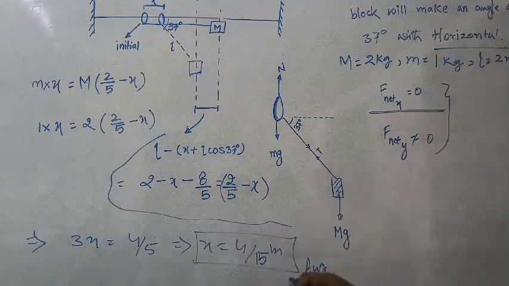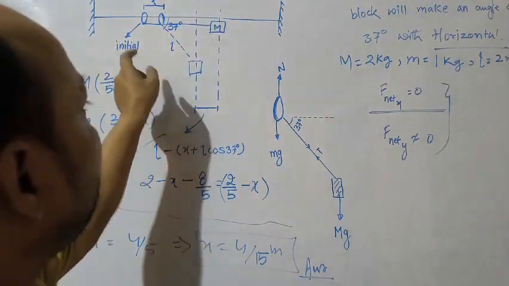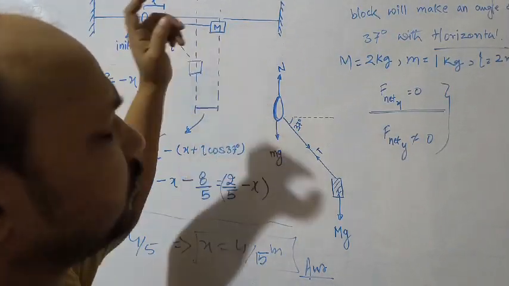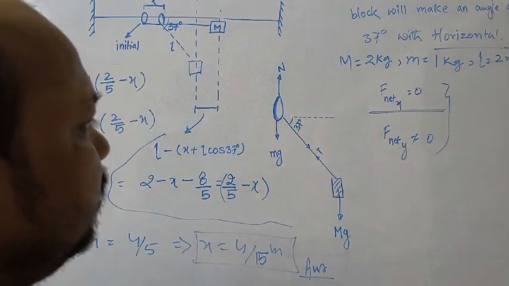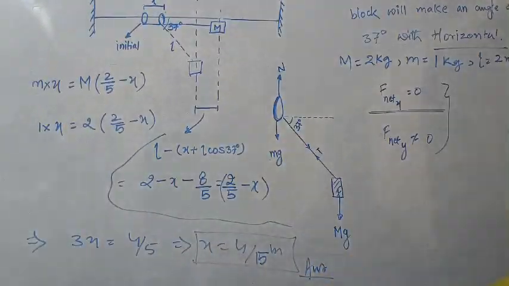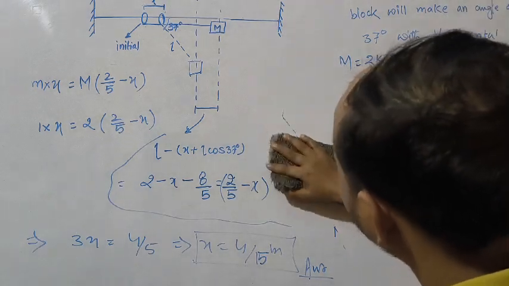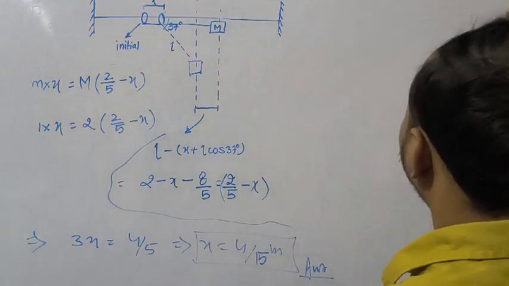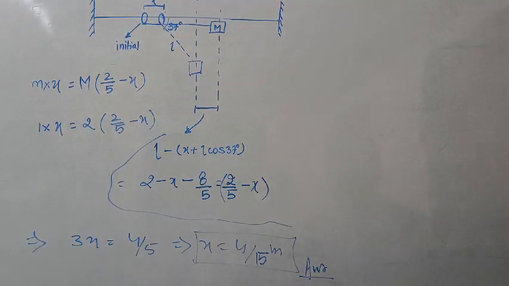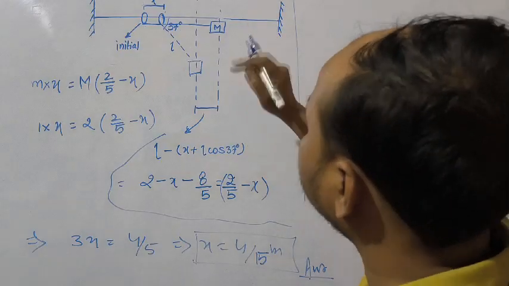Second part, if they will ask you what will happen if this block will vertically hang, how much distance will the bead shift? Simple. So just we have to calculate in this portion. Let me erase this portion. Okay, so here let us write the second part of the question.